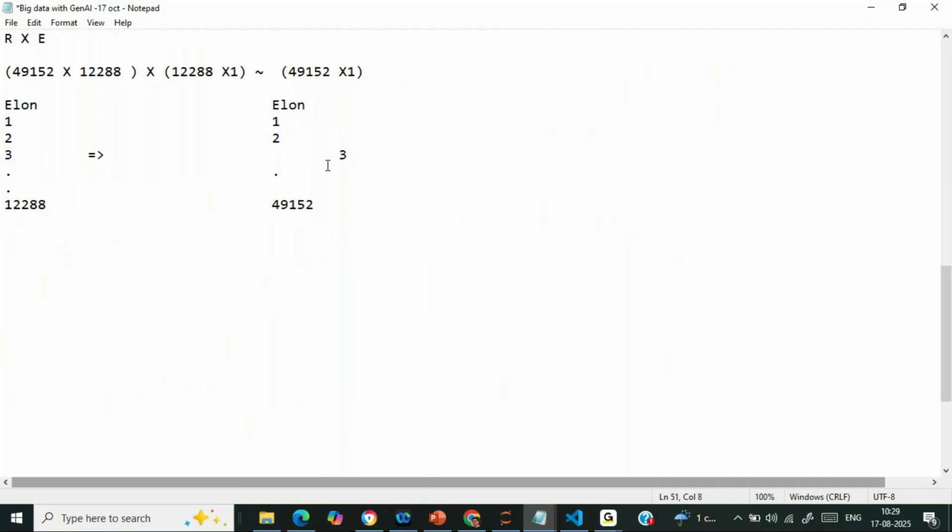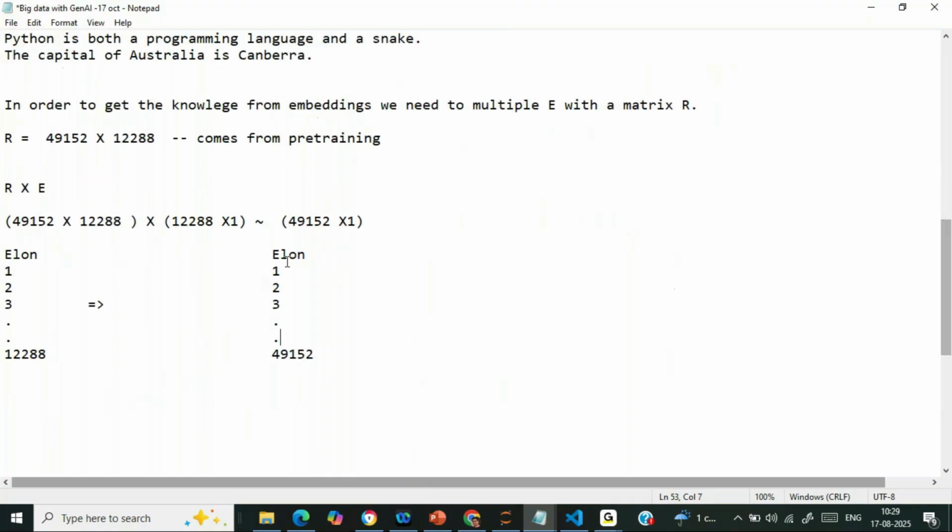Are you able to get it, all of you? Okay, this is simple multiplication. We have a matrix of this size and we multiply it with this, so the outcome will be 49152.